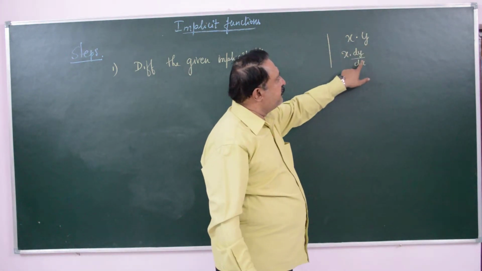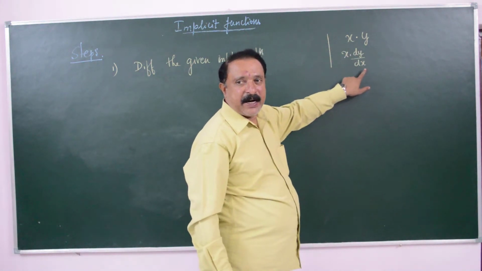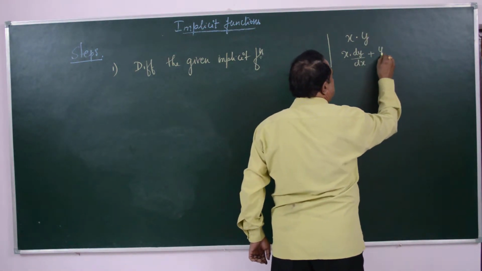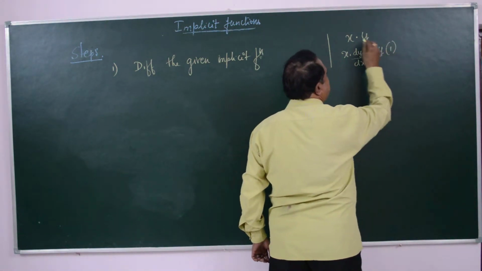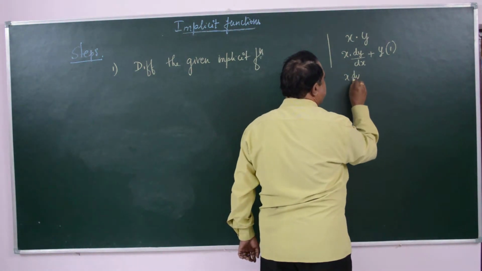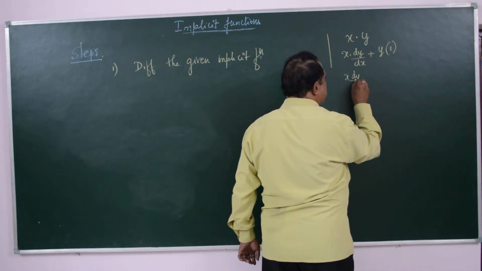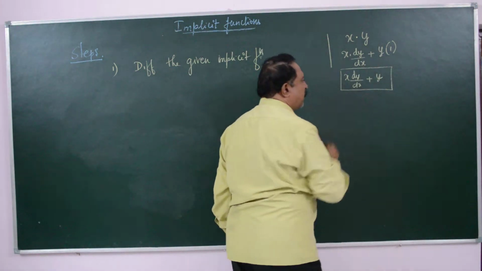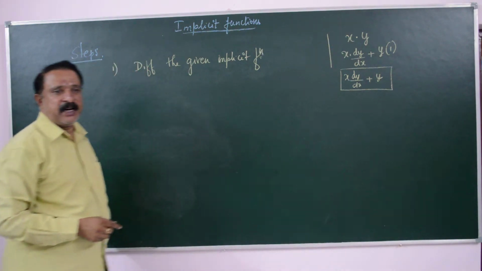When you differentiate y with respect to x, what do you get? dy by dx. So first function into differential coefficient of second function plus second function into differential coefficient of first function, that is x into dy by dx plus y. This is a usual component of the implicit function when differentiated.